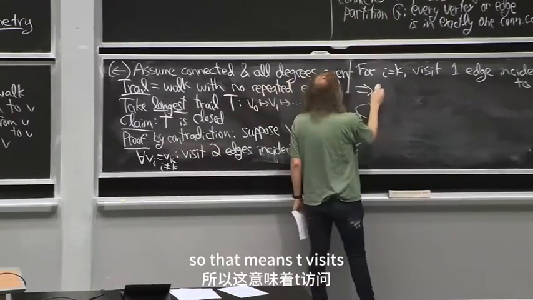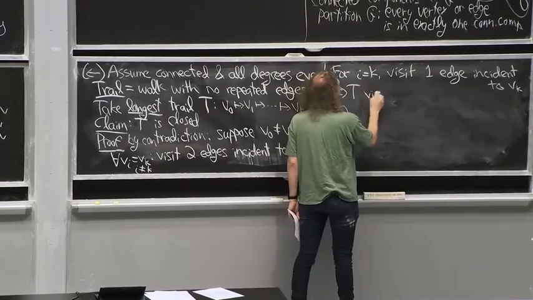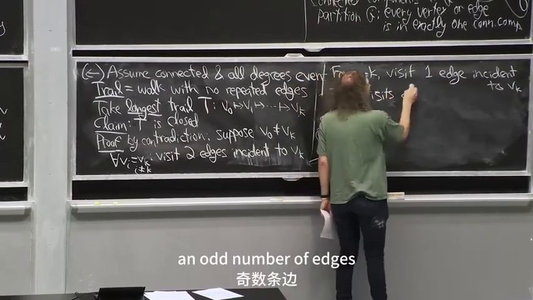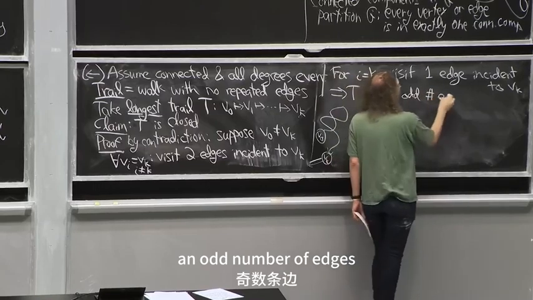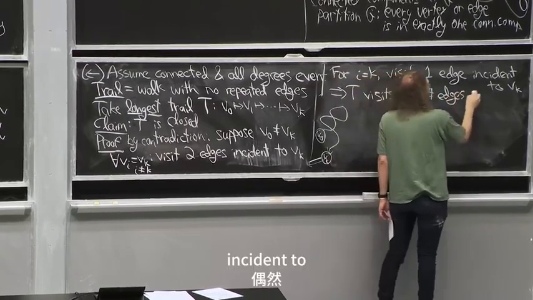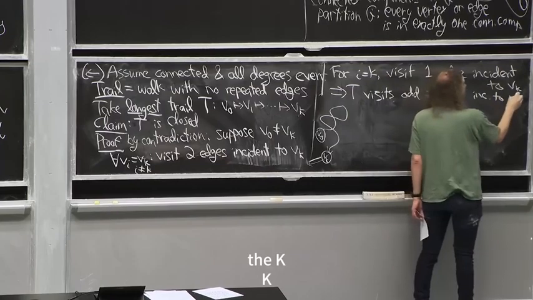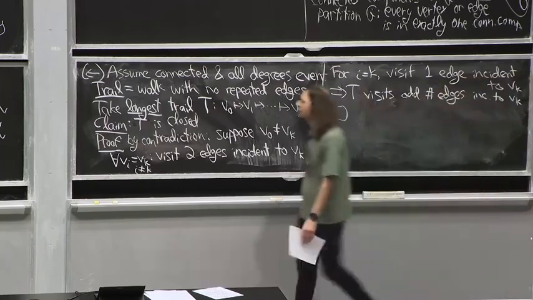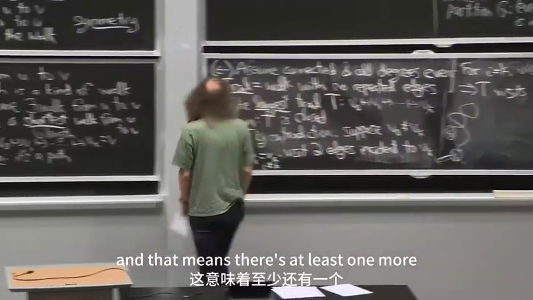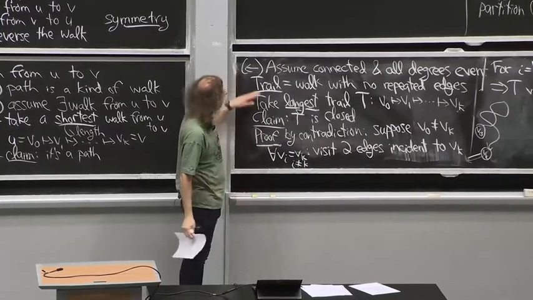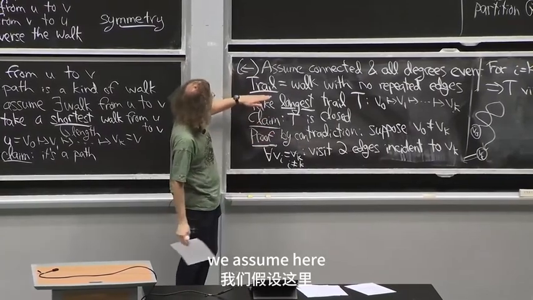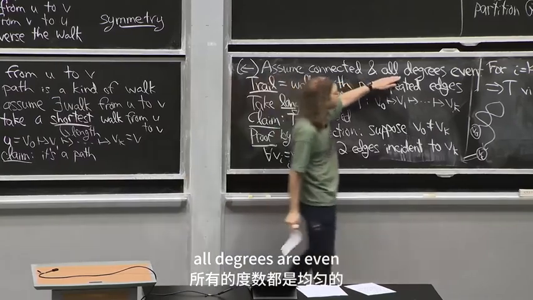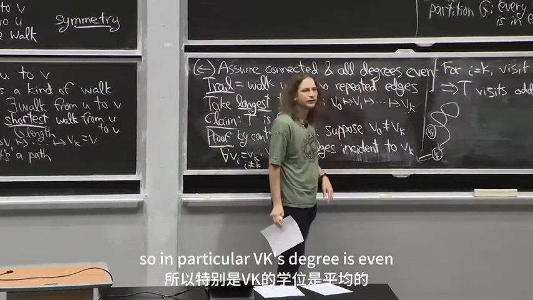So that means T visits an odd number of edges incident to vk. But we assume that the degrees are even. And that means there's at least 1 more edge. We assumed here all degrees are even. So in particular, vk's degree is even.